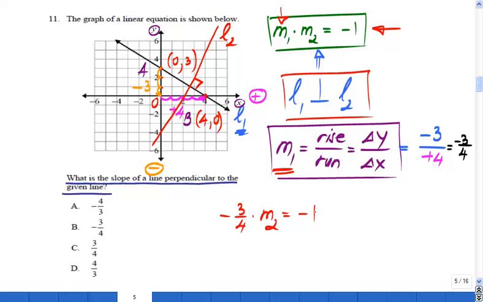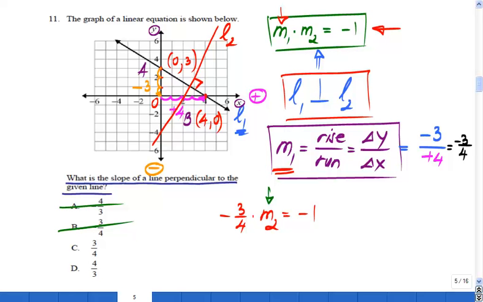All right. Now, first of all, I got a negative number times another number that gives me a negative number. Well, I can tell you that this number here, m2, is going to be positive. So A and B, not good, because only a negative multiplied by a positive gives you a negative number. So m2 is either 3/4 or 4/3.